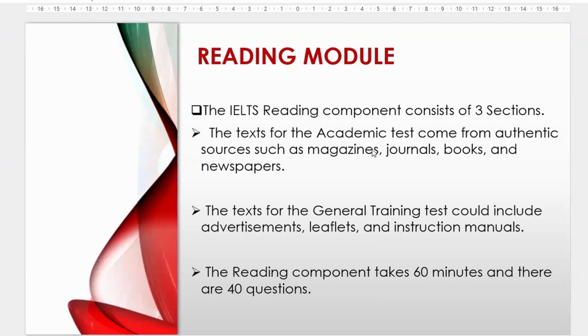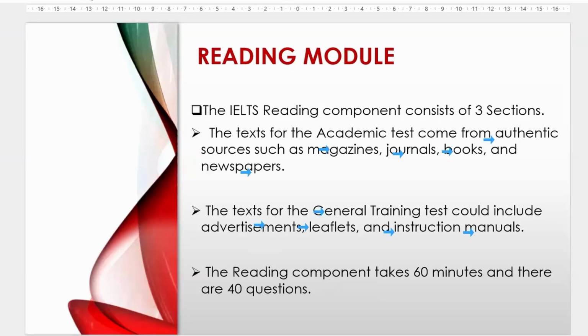In the academic test, generally we come across texts from authentic sources such as magazines, journals, books, and newspapers. What if I talk about the general training text? That comes from advertisements, leaflets, instructions, and manuals. There will be 40 questions that have to be done in 60 minutes.